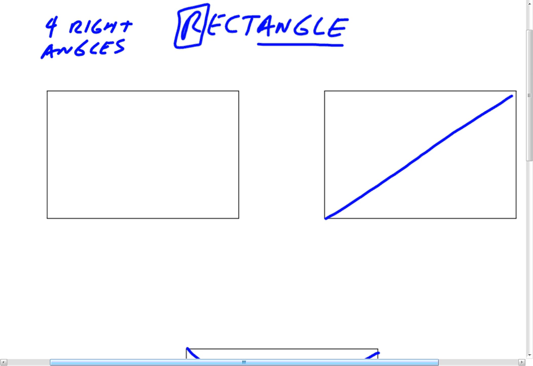That's where the word comes from. So let's put that. This is actually the definition, 4 right angles. Everything else that we're going to add to this is merely a characteristic. So we are going to put in that we have 2 short sides, 2 long sides, and they're equal to each other, opposite sides.